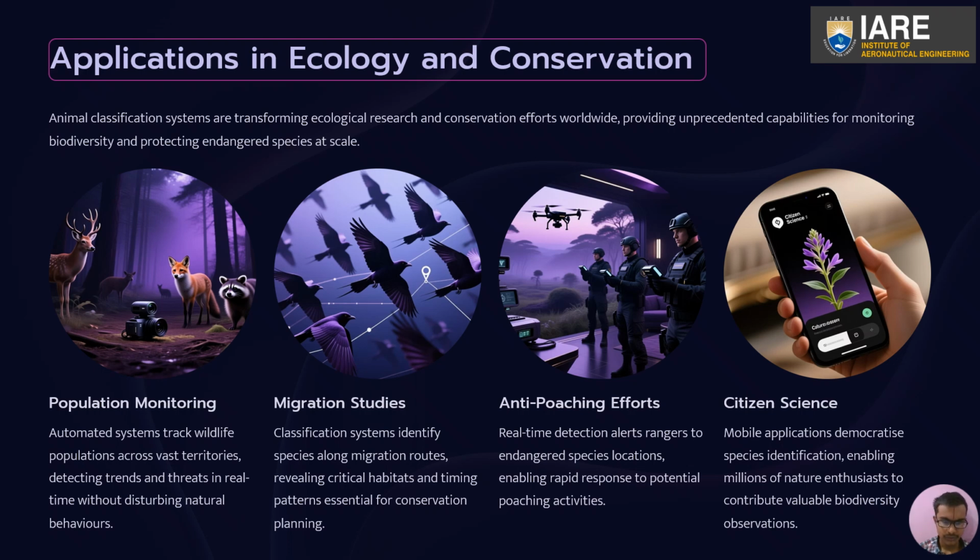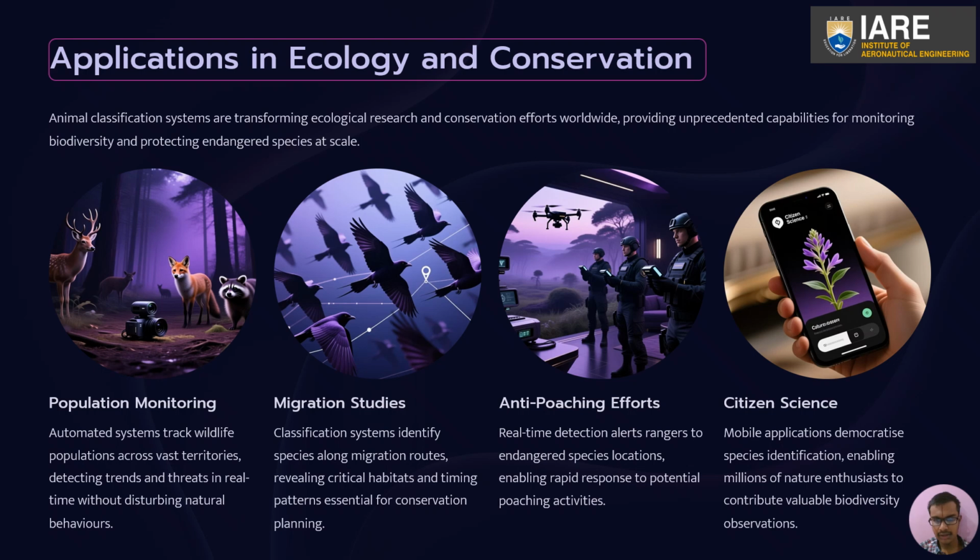Population monitoring. Automated systems track wildlife populations across vast territories, detecting trends and threats in real time without disturbing natural behaviors. Migration studies. Classification systems identify species along migration routes, revealing critical habits and timing patterns essential for conservation planning. Anti-poaching efforts.